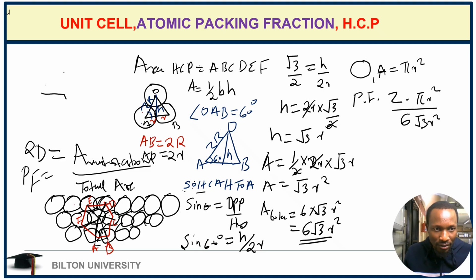So let's redraw our unit cell. We have 1, 2, 3, 4, 5, 6, and we have one atom at the center, which is surrounded by all these.